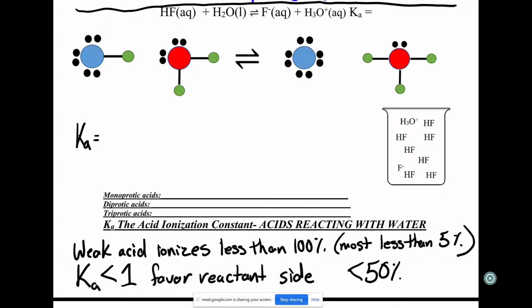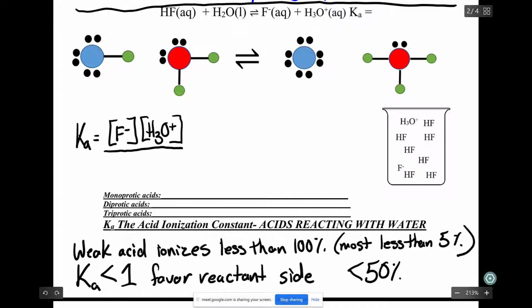So if I was looking at my HF ionization at the top of the page, my products would be F minus and H3O plus. Now that would all be over my reactants, but my one reactant is water liquid and wouldn't be included, so we would write HF. So this would be the Ka expression for HF, which is a weak acid.